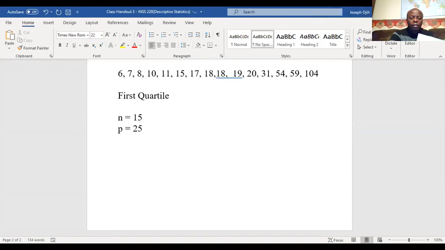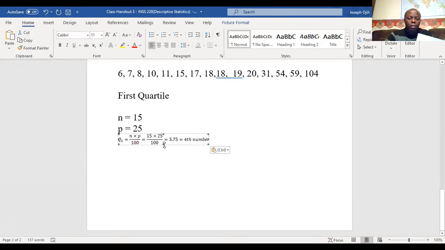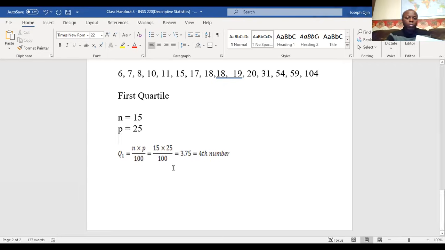So the first quartile is the fourth number. Q1 becomes the fourth number. You count from here: 1, 2, 3, 4, which is 10.